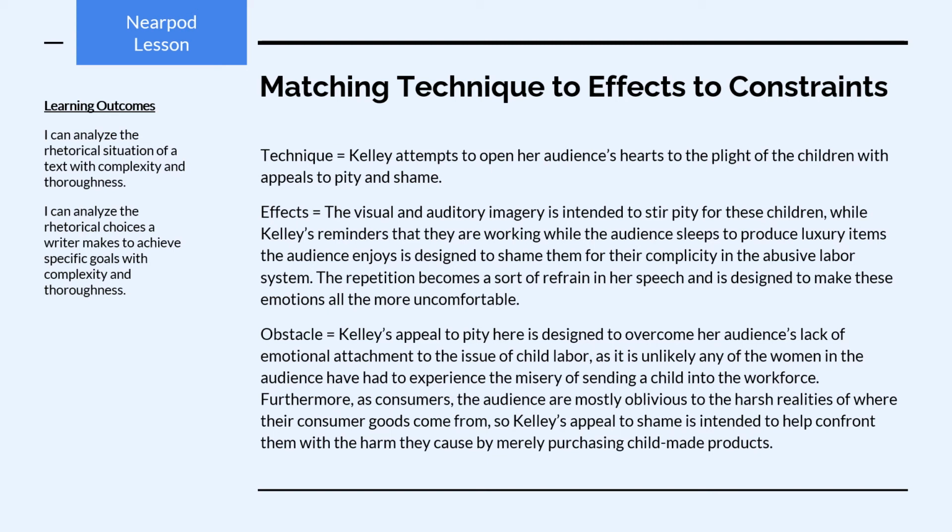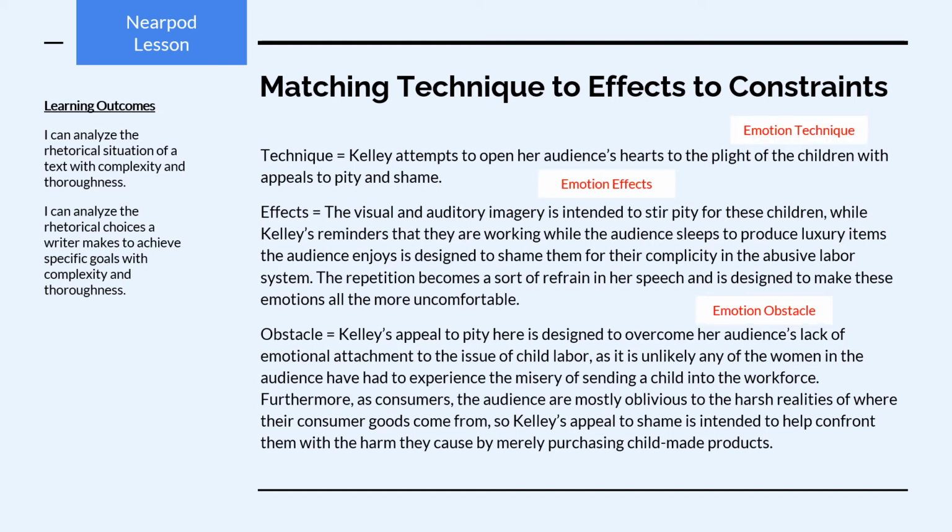Finally, I connect it to an emotion-based obstacle. Kelly's appeal to pity here is designed to overcome her audience's lack of emotional attachment to the issue of child labor, as it is unlikely any of the women in the audience have had to experience the misery of sending a child into the workforce. Furthermore, as consumers, the audience are mostly oblivious to the harsh reality, so they don't feel that shame that she needs them to feel.